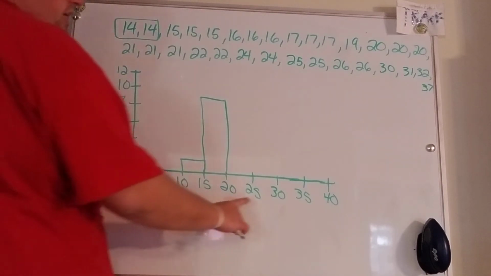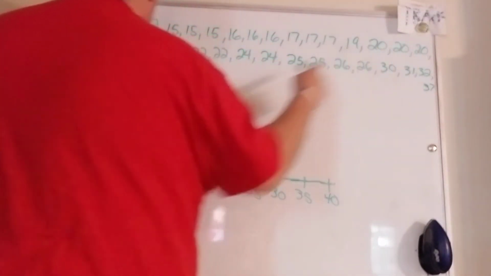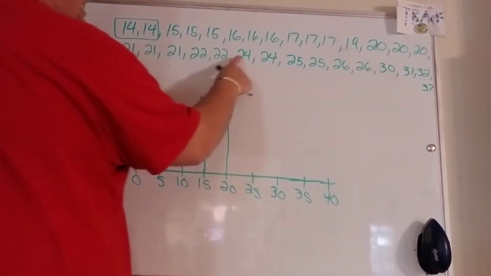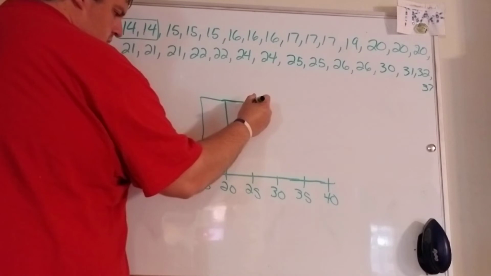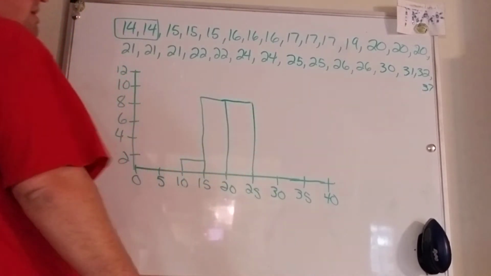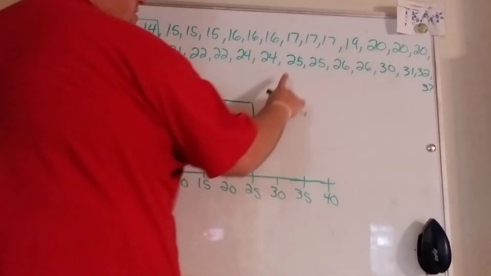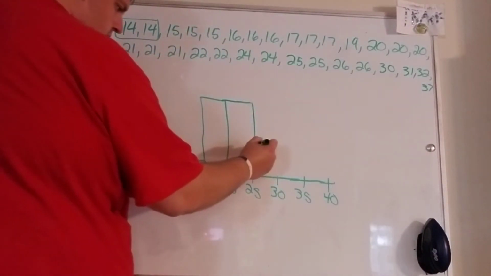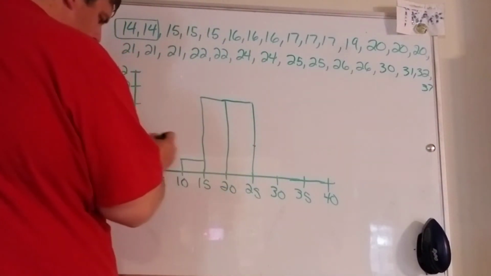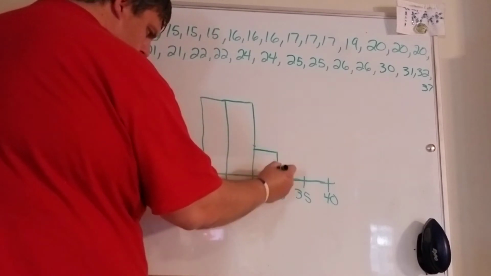And then between 20 and 25, we'd have 1, 2, 3, 4, 5, 6, 7, 8, 9, 10 again. That's interesting. So keep the bar going. And then from 25 to 30, there's 1, 2, 3, 4. So over here we're going to make a bar that goes to 4.